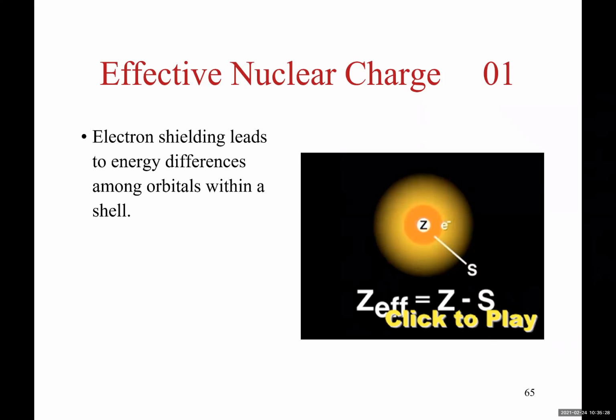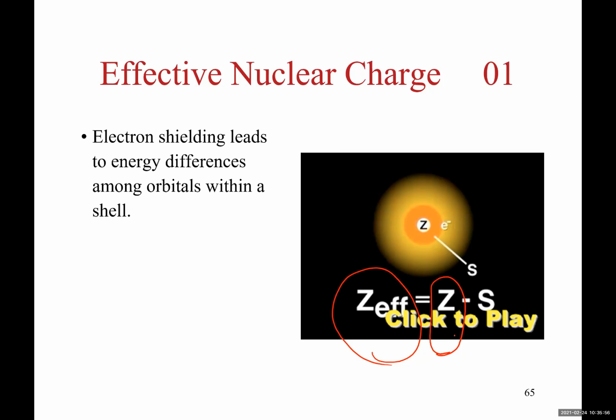By the same token, if electrons are on the second shell, they don't feel as much attraction as electrons on the first shell. So the effective pull that they receive is total nuclear charge minus shielding effect.